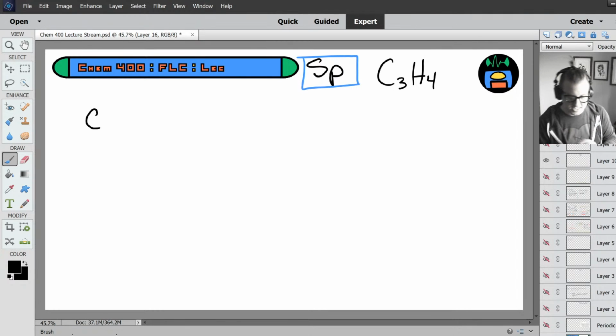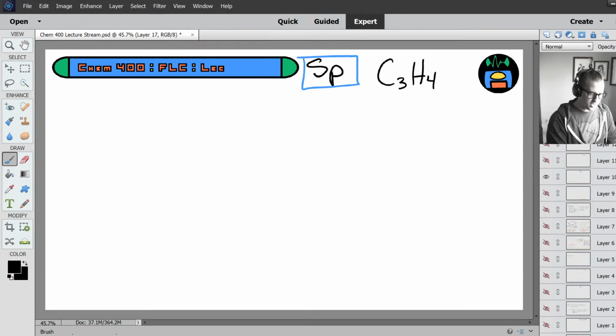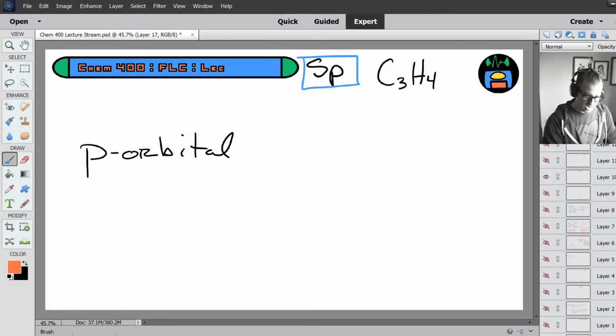Kate, great question. Let's talk about the shading just for a minute here. When you look at any p orbital, every p orbital looks like this. It has 2 lobes with opposite shading.